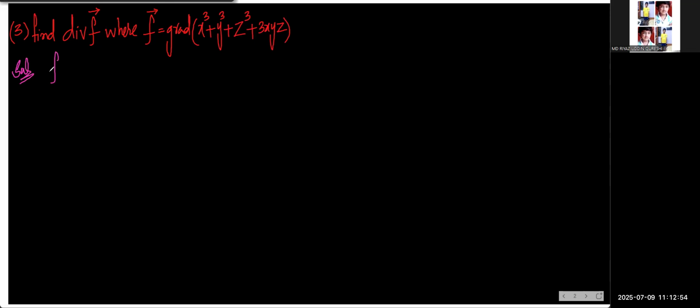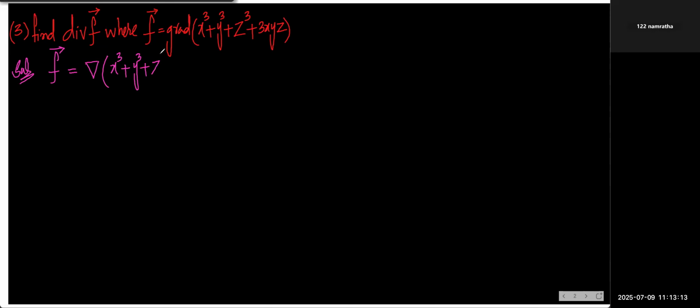Our f value will be gradient, which is nothing but del of this value: x cube plus y cube plus z cube plus 3xyz. But we will do one thing.